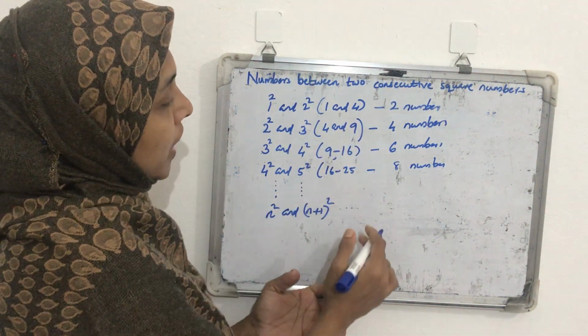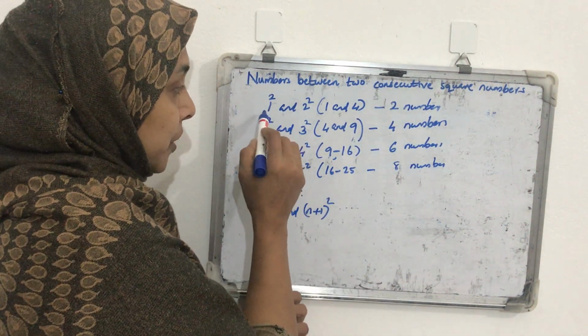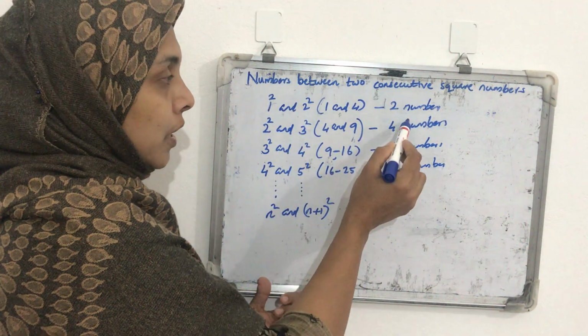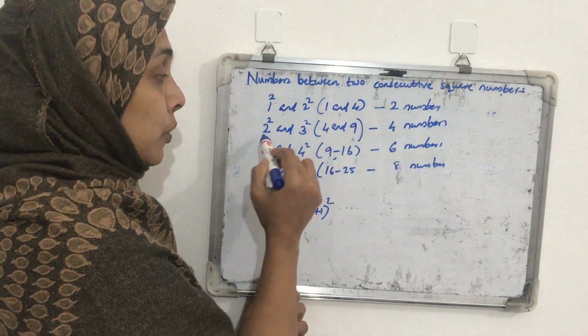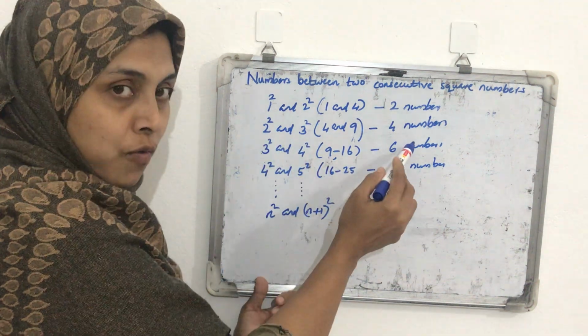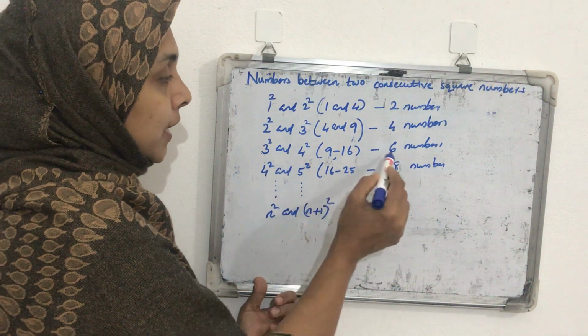Can you find any pattern here? In between 1 square and 2 square, there are 2 numbers. In between 2 square and 3 square, there are 4 numbers. In between 3 square and 4 square, there are 6 numbers.